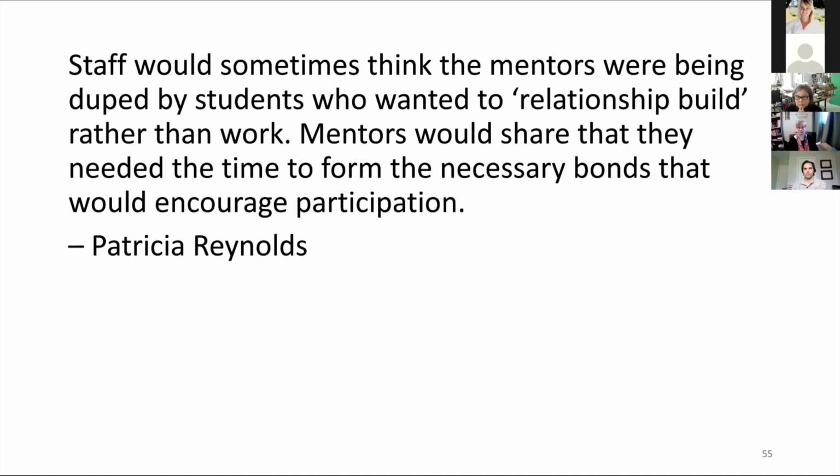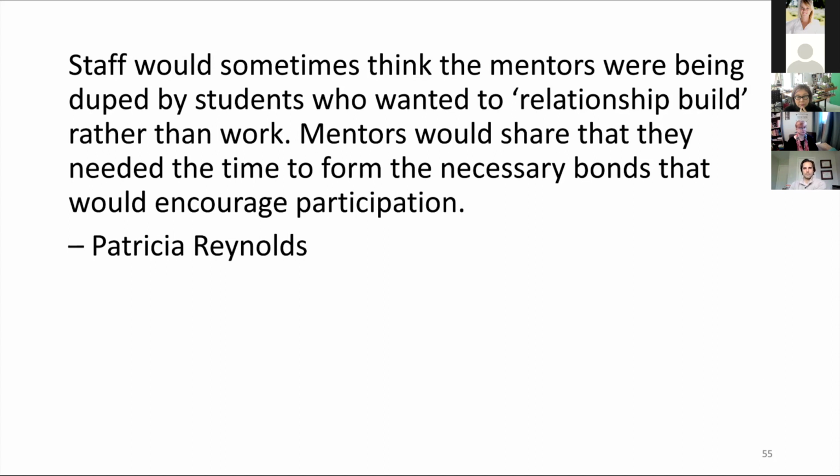Now, the context for this quote is that the Indigenous high school mentors were university students who were working within local high schools with Indigenous students. And they would attend classes or attend study session periods. And their role was supposed to be to look out for people who needed help with schoolwork and maybe provide a little bit of on-the-spot help.